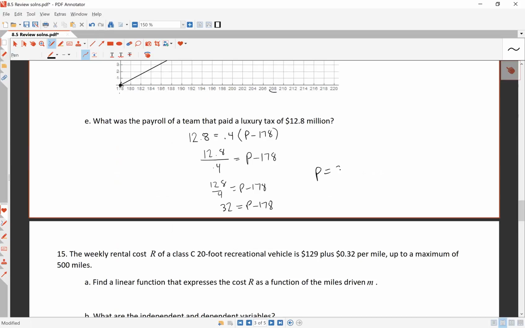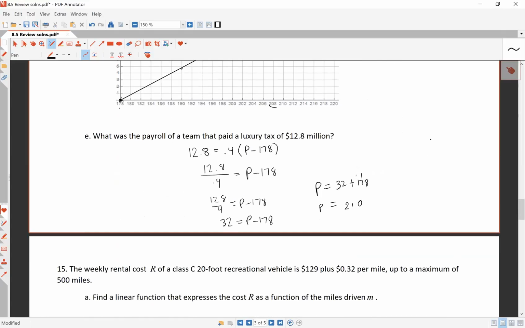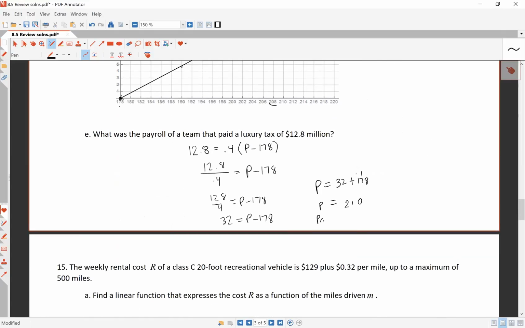So P is equal to 32 plus 178. So a payroll of 210 will mean a luxury tax of 12.8. 210, 12.8 right there. So we have a payroll of $210 million.